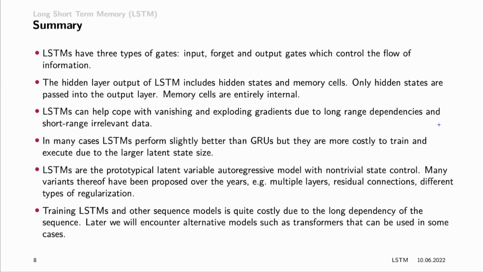However, training LSTMs and other sequence models is quite costly due to the long dependencies of the sequence. Later in this lecture, we will look at alternative models that also can cope with long-range dependencies, but are much more efficient to compute, especially to parallelize. And those are the so-called transformers. They are more recent models.